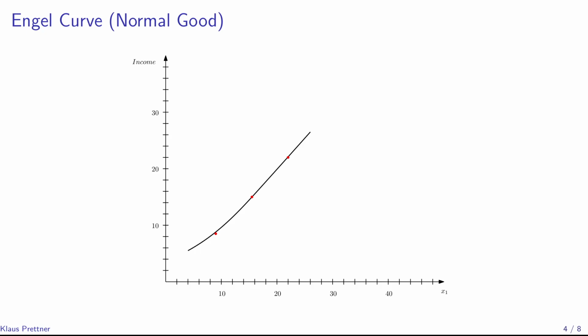The Engel curve is now the consumption of good x1 for an increase in income. For normal goods, this curve is upward sloping. As income increases, the demand for this particular good also increases. So for normal goods, consumption increases monotonically with income.